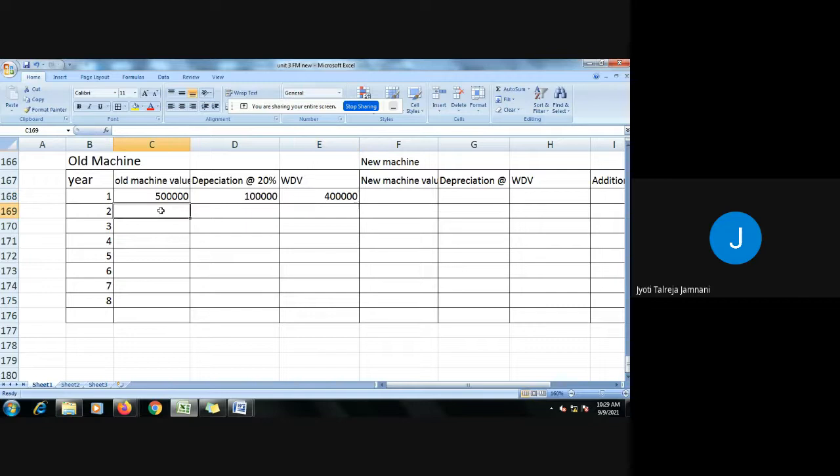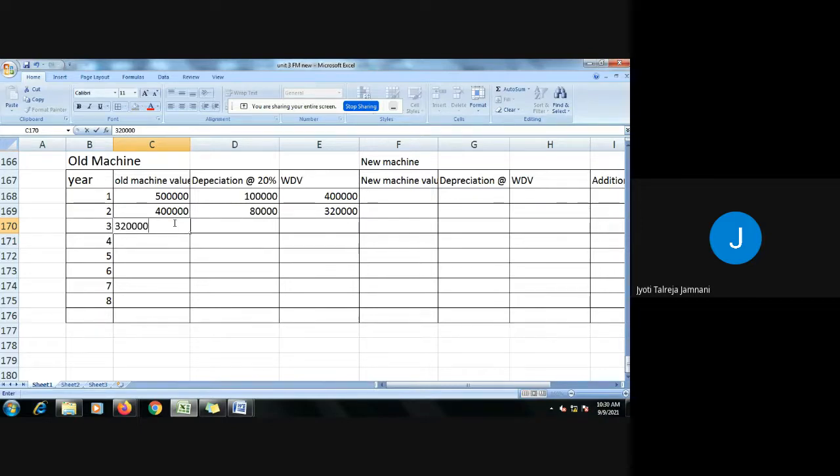Next year, the opening balance of the machine is 4 lakh. On 4 lakh, now we have to calculate 20% depreciation. So into 20%, you get 80,000. From 4 lakh, we need to minus 80,000 depreciation. We'll get the written down value 3 lakh 20,000. So 3 lakh 20,000 is the next year value.